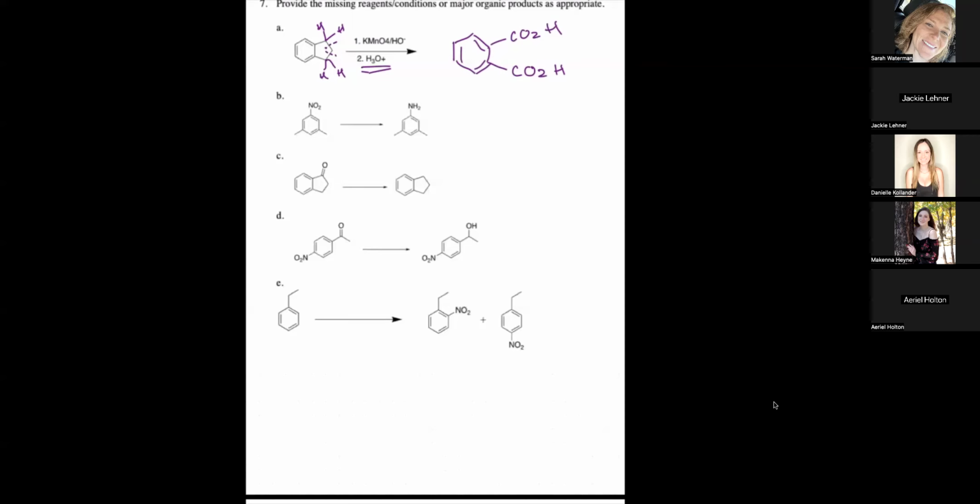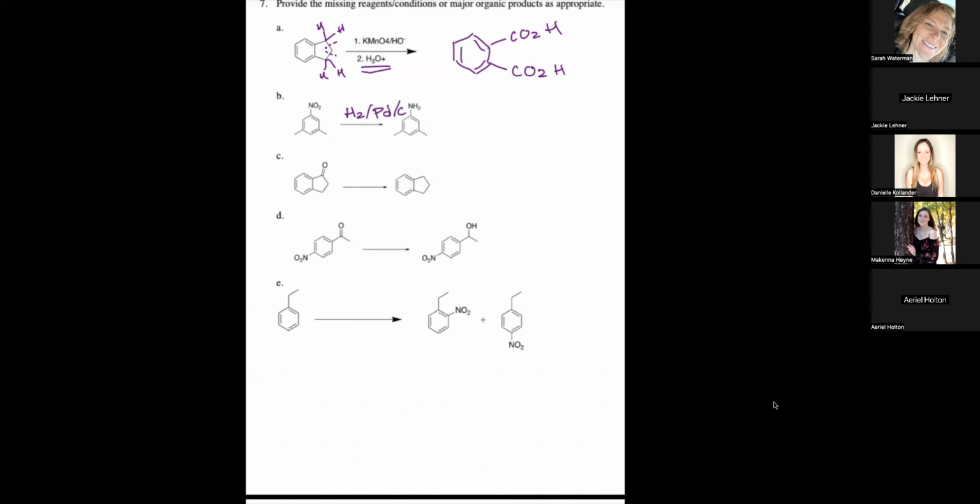Is it the lithium aluminum hydride or the sodium borohydride? Those reduce ketones and aldehydes specifically. So this one is our H2, Pd/C, right?